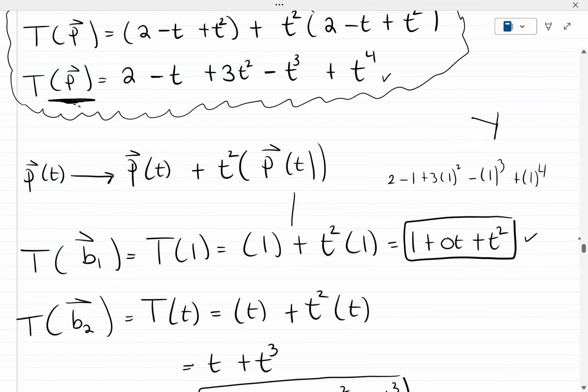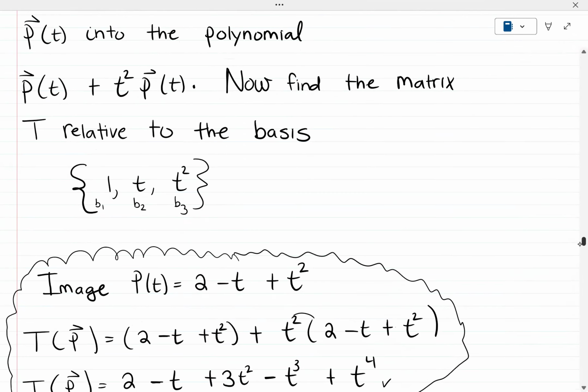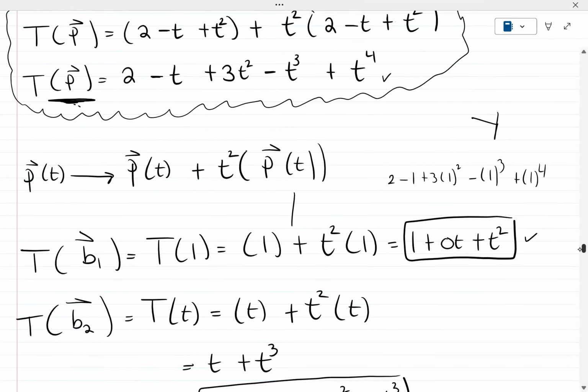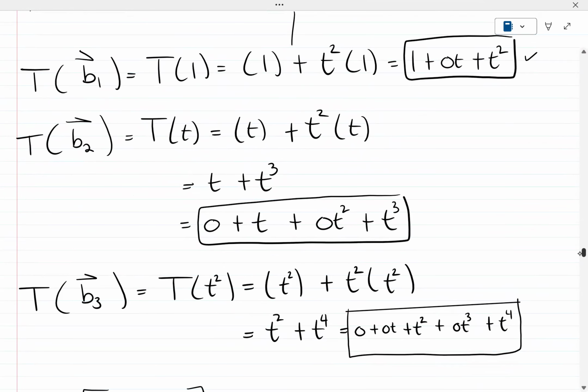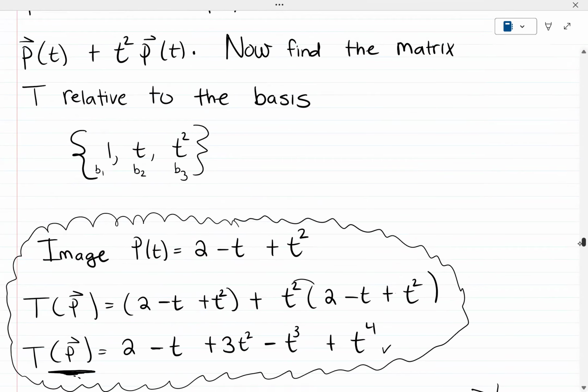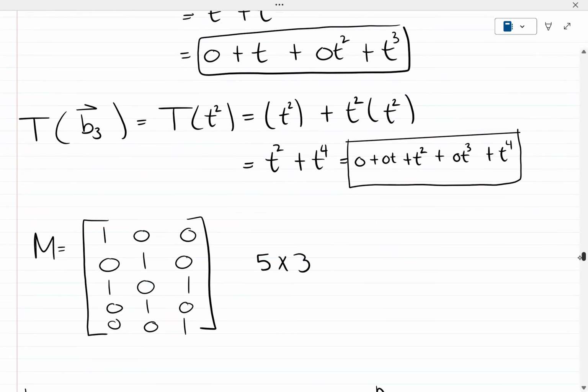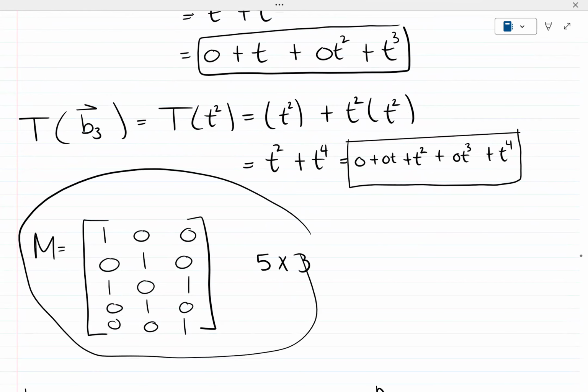And then T of B3, we know that B3 is T squared. And then when you do the transpose, you're going to get this matrix, a 5 by 3 matrix. Okay.